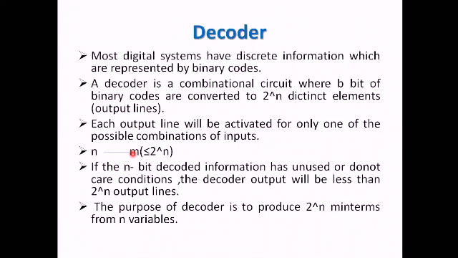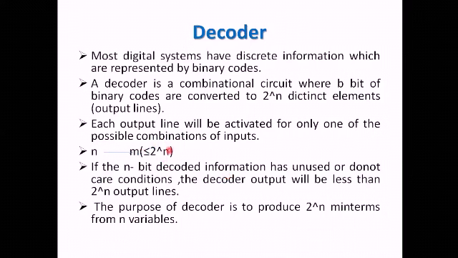That is, m should be less than or equal to 2 to the power n, where the purpose of the decoder is to produce 2 to the power n min terms from the n variables. If the n-bit decoded information has unused or don't care conditions, the decoder output will be less than 2 to the power n output lines.